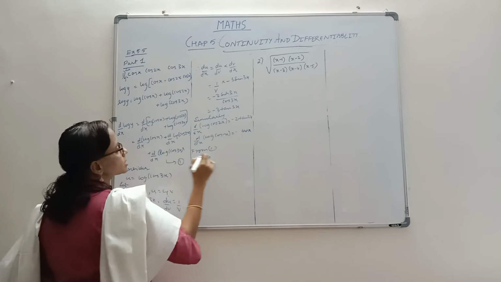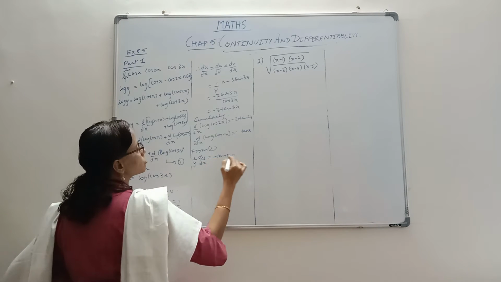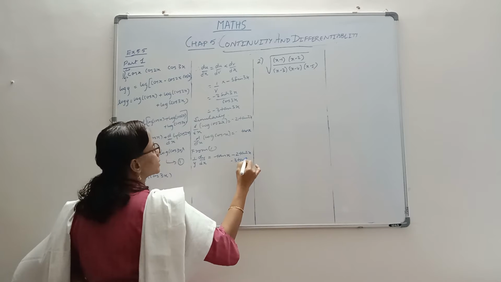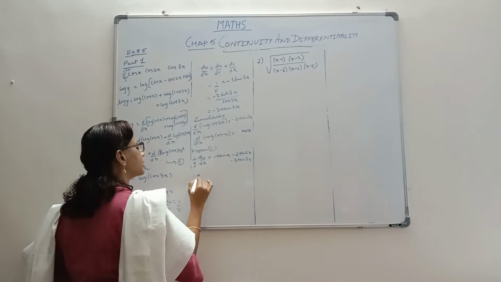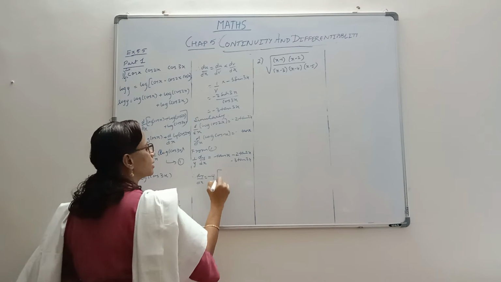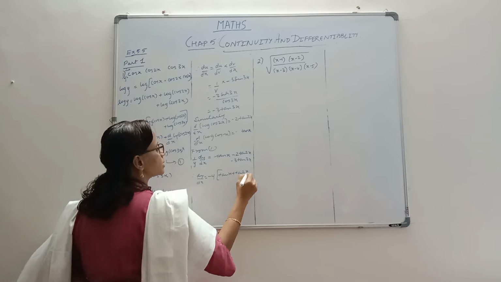For log cos x, it is minus tan x. For log cos 2x, it's minus 2 tan 2x. And for this, it is minus 3 tan 3x. So finally, you will get dy by dx as minus y times, all minuses you can take out, tan x, tan 2x, tan 3x.